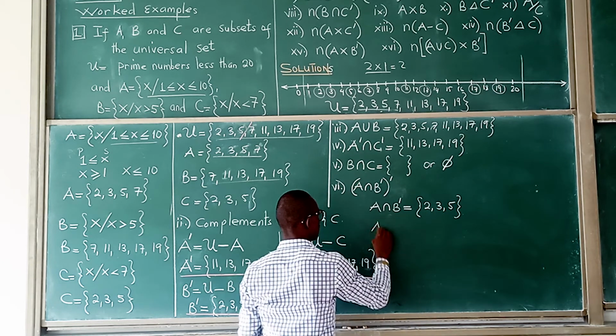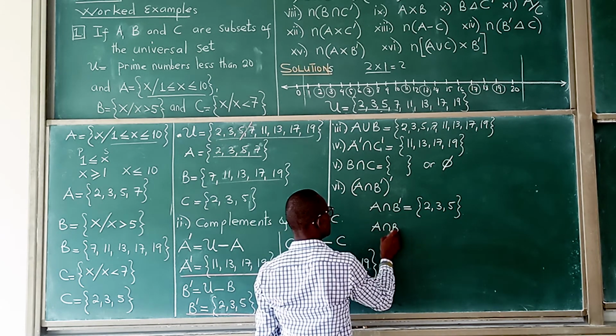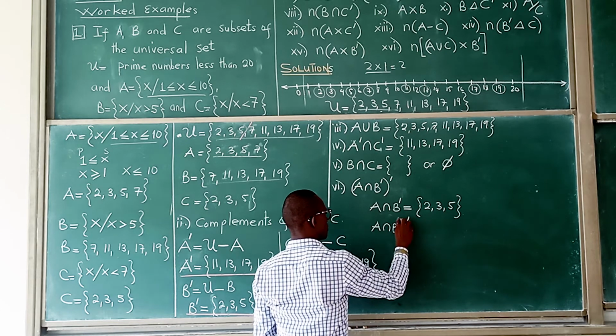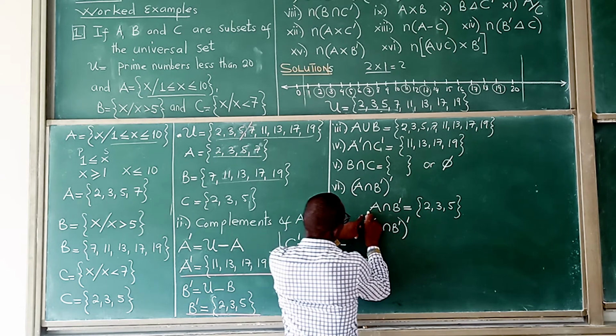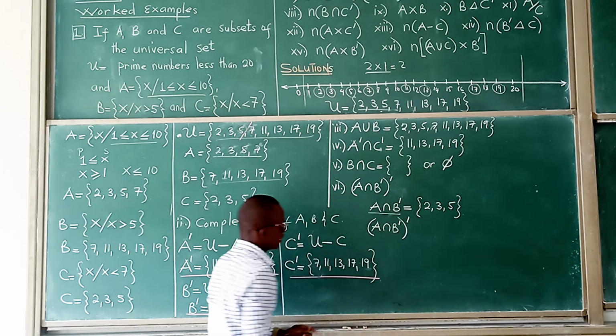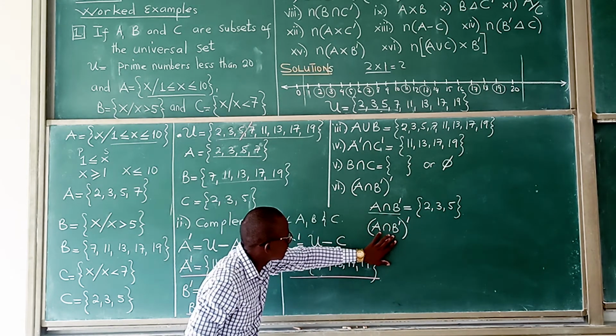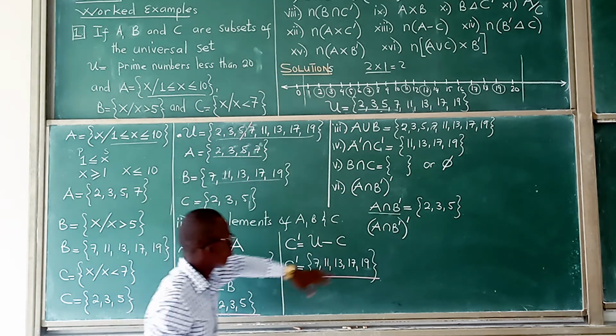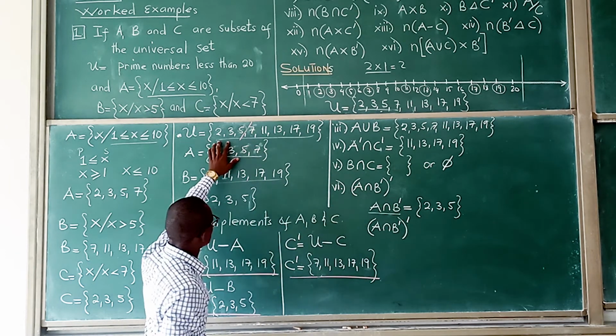Now we find the complement of A intersect B prime. That is to say, what are the complements to this set that we just found? Now compare this set with the universal set.